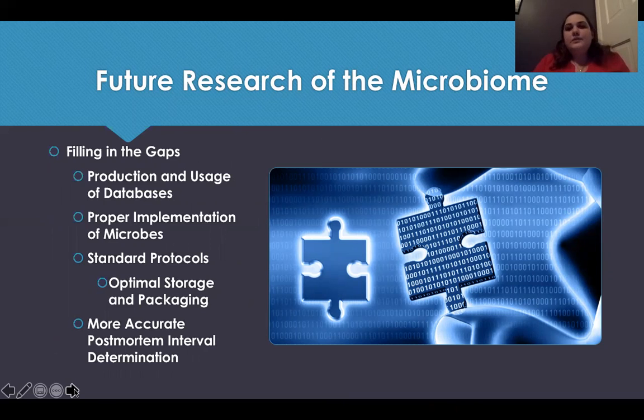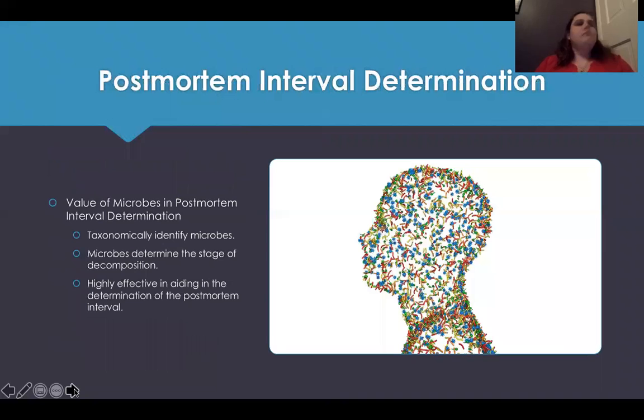Standard protocols to ensure that we store, package, and preserve them correctly so we don't get erroneous results or any contamination. Also, future research to make sure that a more accurate postmortem interval can be determined, that we're using all the microbes to the best of our abilities, and that we're using the data right.